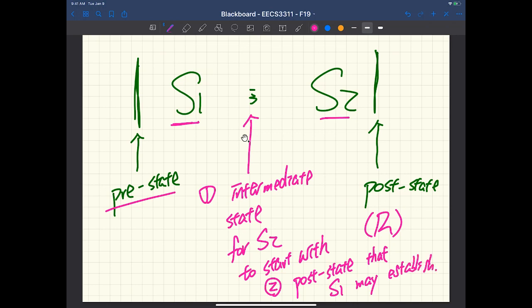Let me put it this way. You want to combine 1 and 2 together in the following sense. In order for S2 to establish R, it's better that S1 establishes something that's good enough for S2 to start with. You see what I mean? Let me say that again.